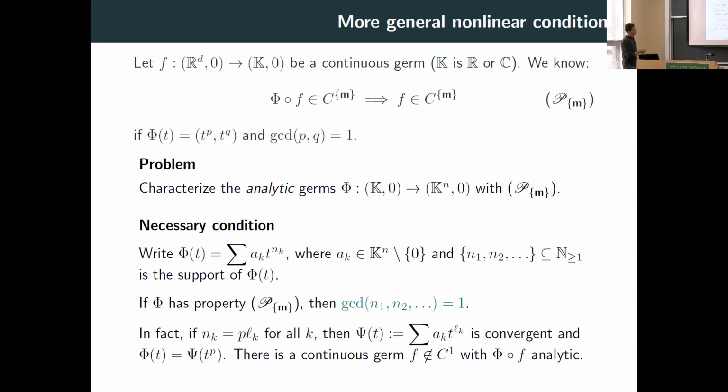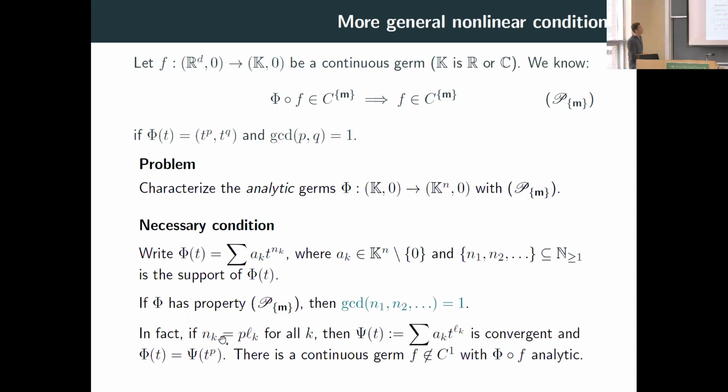In fact, suppose not. Then they have a common factor p. I can look at the power series psi, where now I take the powers l_k instead of the n_k. This is convergent, of course, and it turns out that phi of t is psi of t to the power p.